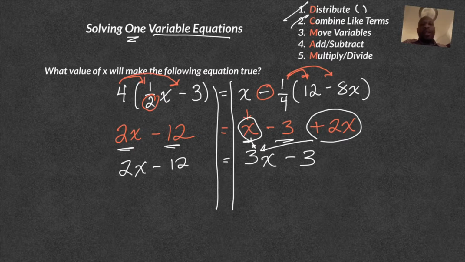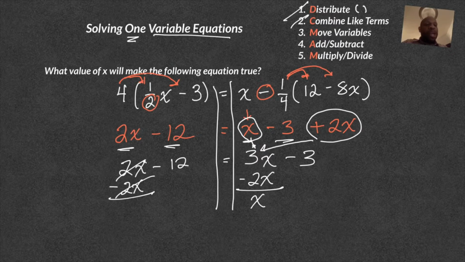So what we have to do is take this 2x and subtract it from this side, because we want to get rid of the smallest x value. And what I do to one side, I do to the other. That gives me 1x. I don't need to write the 1 because 1 is implied in multiplication. Now we're going to take the numbers and put them on the opposite side.